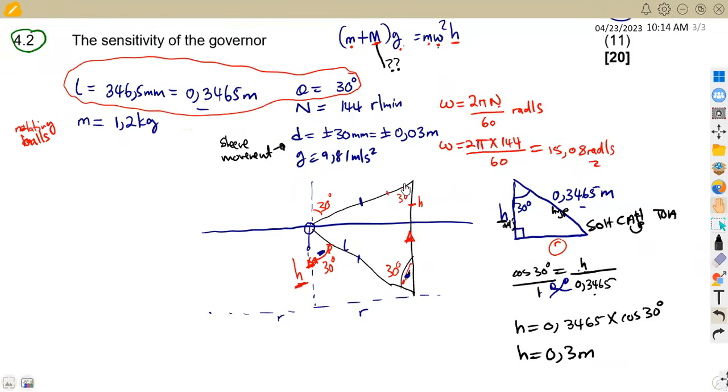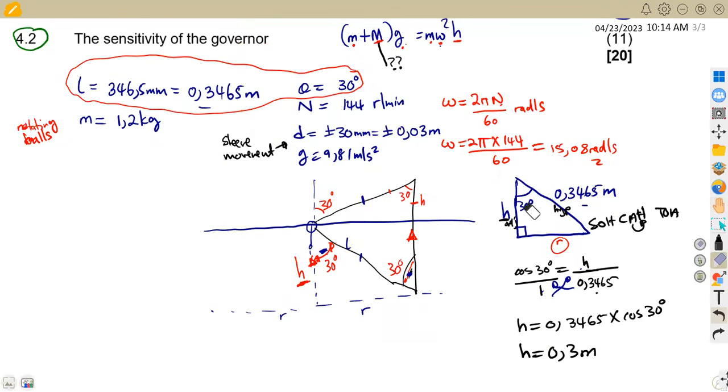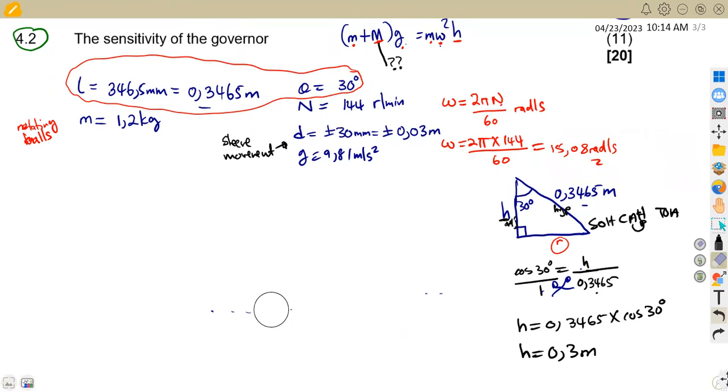So let me just erase this diagram, because we have everything in this case. In case we might need to use this information, but for now, I don't think so, because we have our height. In case you have to redraw, no problem. That is not a worry. We are going to just redraw. So we have our height.